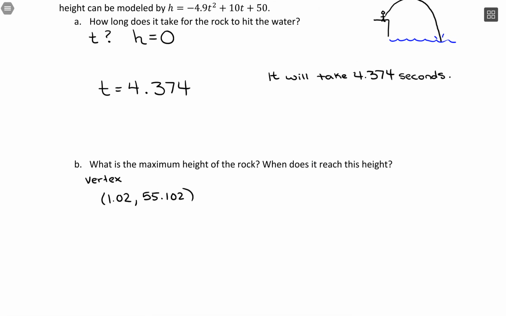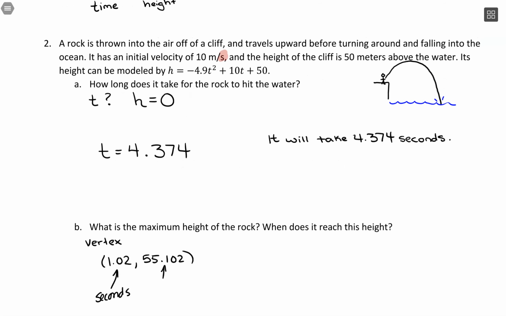So we have time, so that's in seconds. We have height, which were all of our height measurements, which is also all in meters.